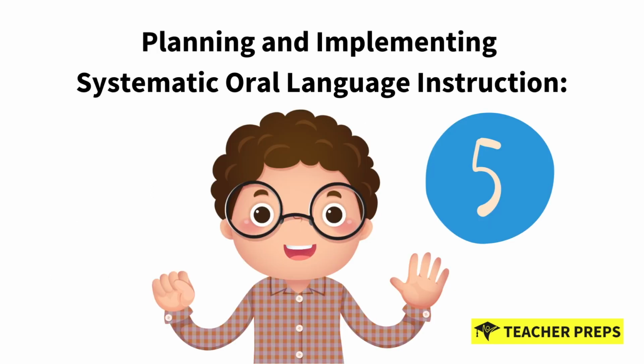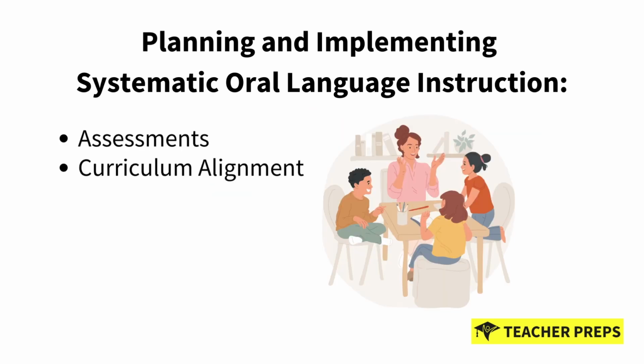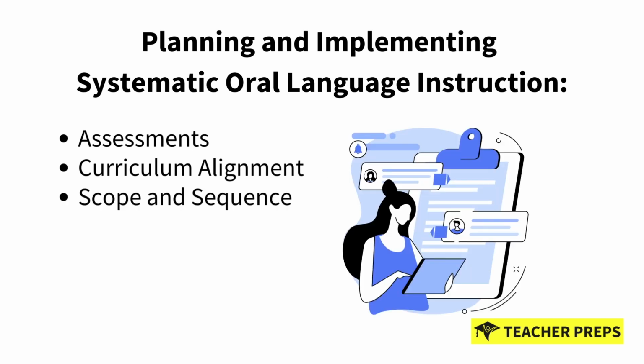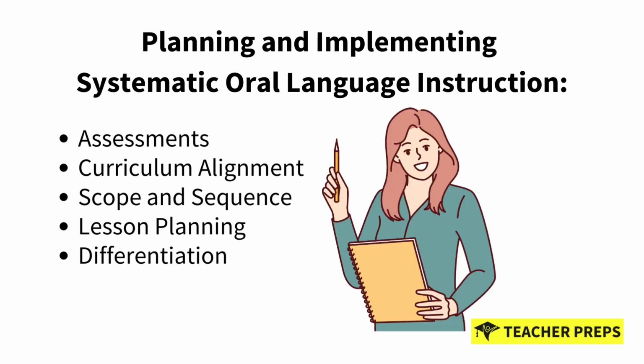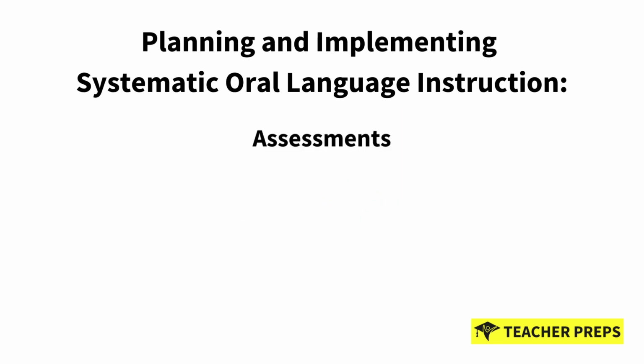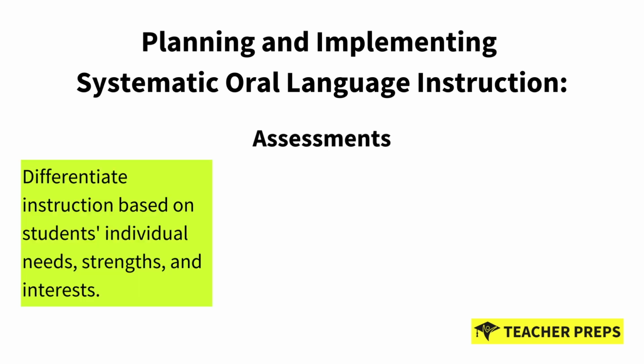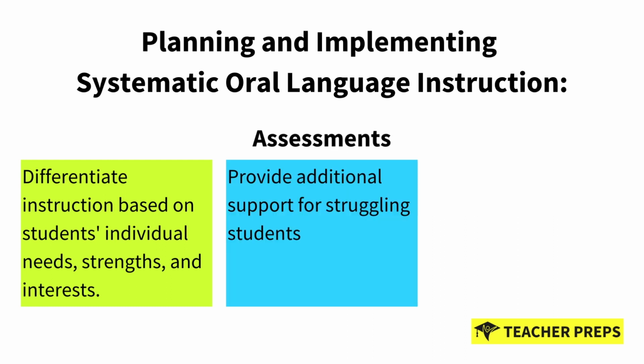Planning and implementing systematic oral language instruction includes 5 major sections: assessments, curriculum alignment, scope and sequence, lesson planning, and differentiation. For your exam regarding assessments, remember that the test administrators want you to differentiate instruction based on students' individual needs, strengths, and interests.